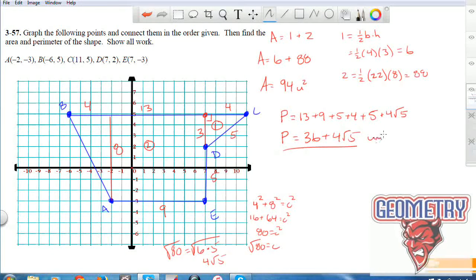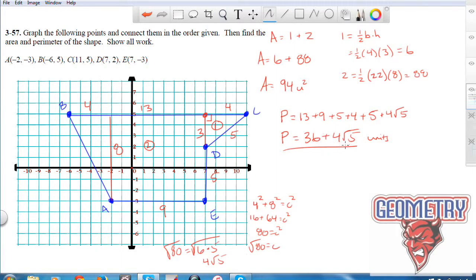This is all we can do. There's no way you can combine a number like 36 and a radical of 5. It's like trying to take an expression and smush together x's and y's. You can't say 3x plus 3y is 3xy. You can't smush those together. Same thing here.